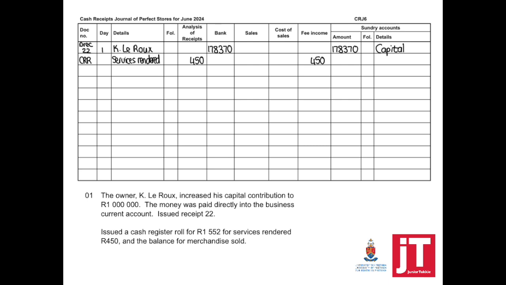The difference was because of sales, 1,102. And now we can calculate the cost using the markup percentage. In total, how much did we receive? 1,552. Those two figures must correspond.